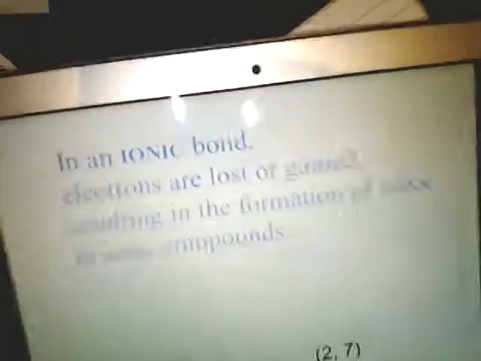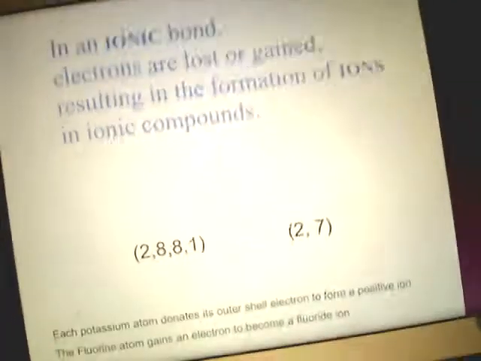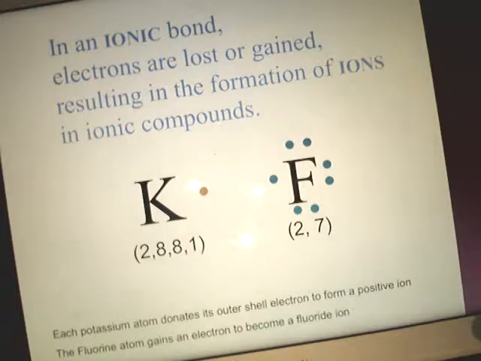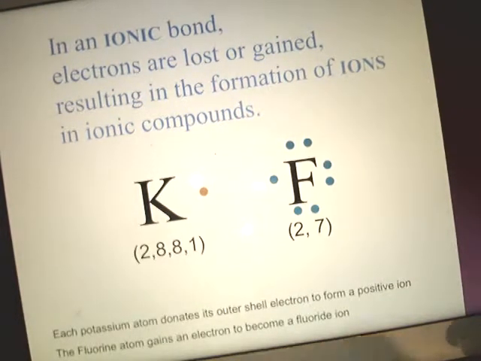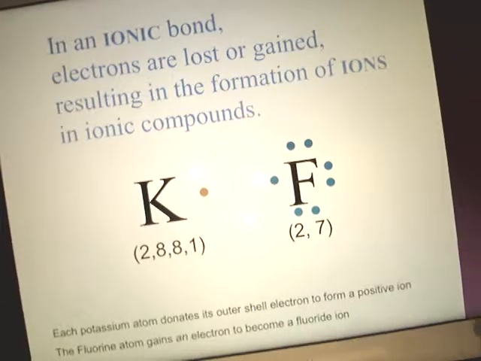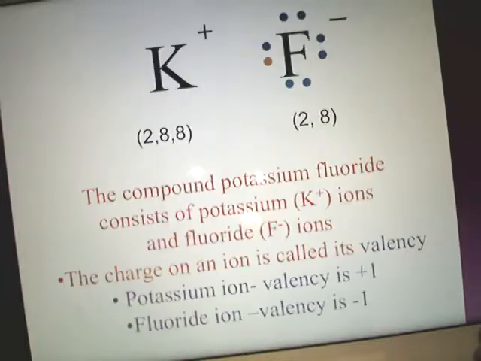Now, we can just look at this, just to further reinforce it. For example, here, potassium and fluorine. Potassium has 1 electron in its outer shell. Fluorine has 7. Marriage made in heaven. And potassium's electron moves to fluorine, making fluoride and potassium positive. Then they will stick together.